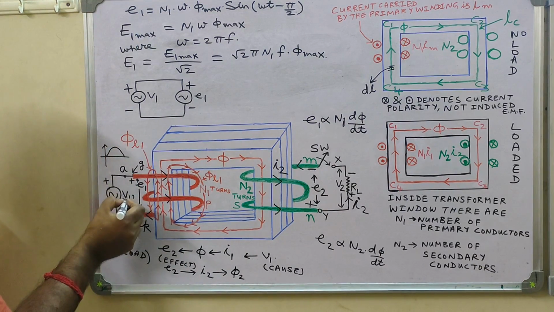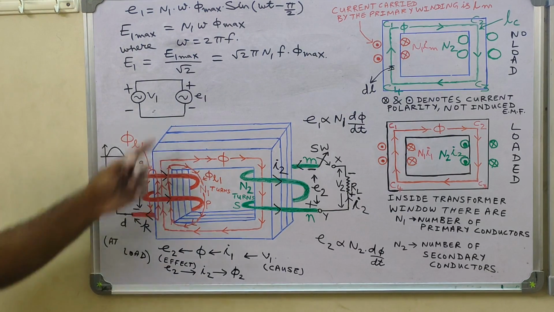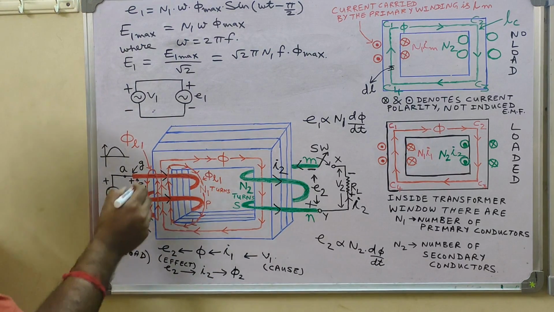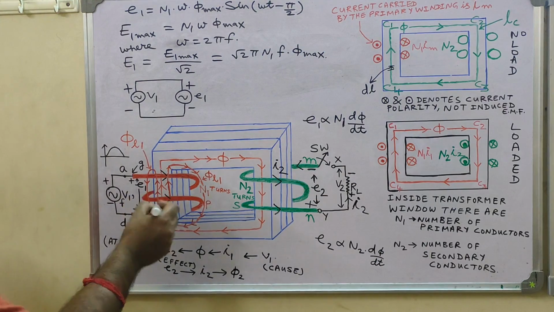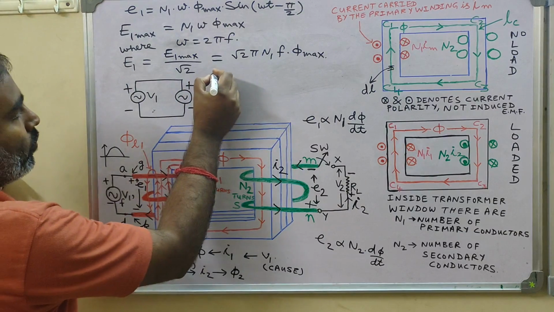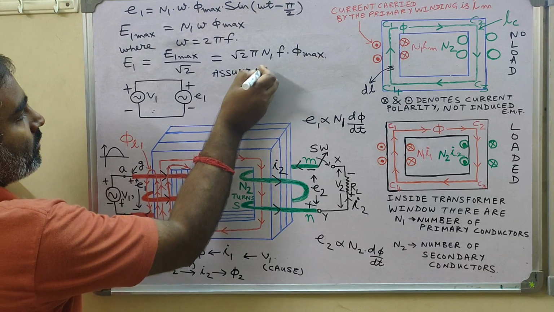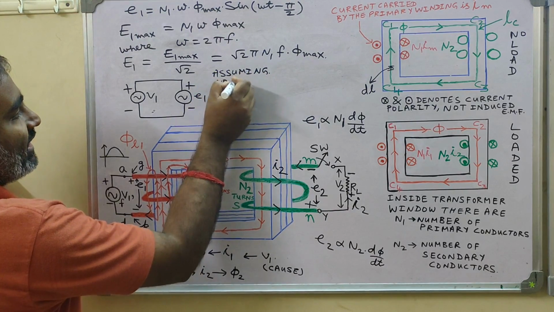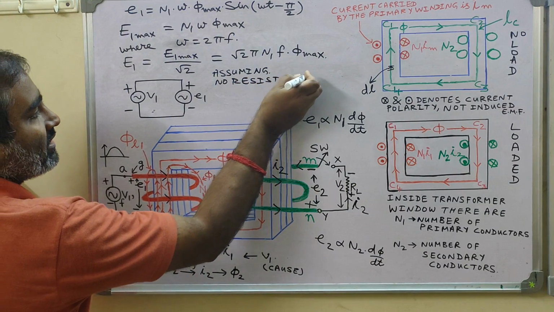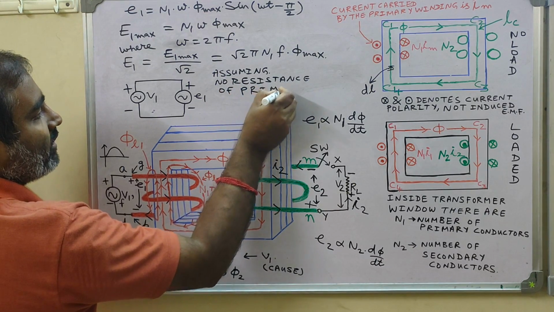This we are showing for the primary coil P. Now from this particular equation, we assume that there is no resistance of the primary coil and no leakage flux, both things we are assuming. No resistance of primary coil.